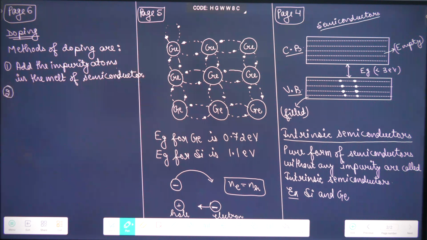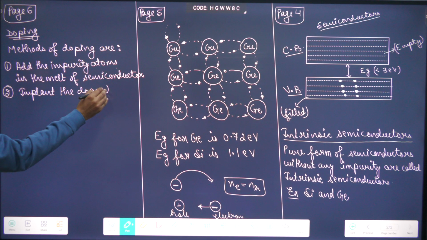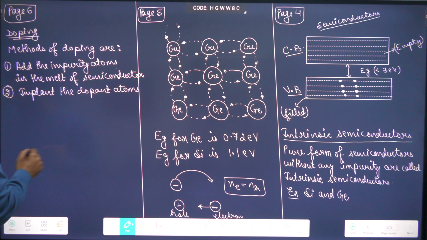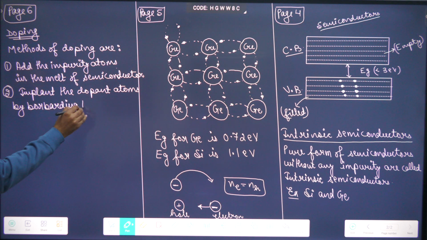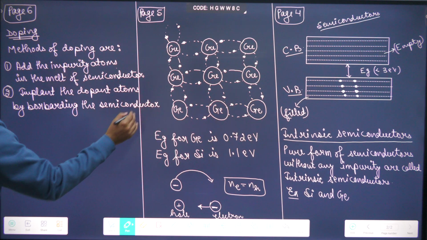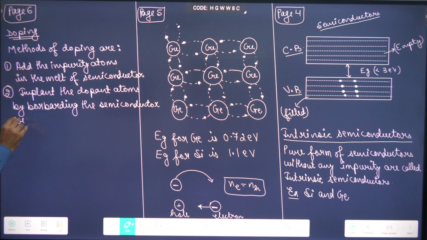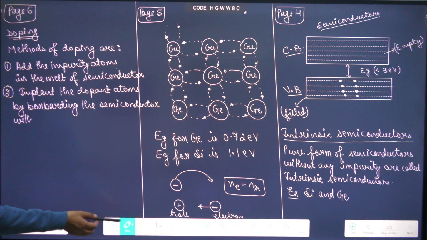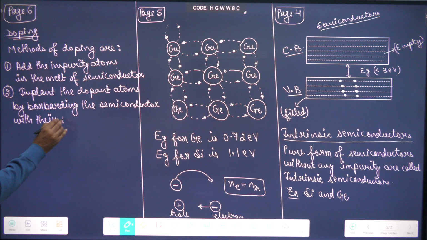Add impurity atoms in the melt of a semiconductor. Second, implant the dopant atoms by bombarding the semiconductor with their ions.